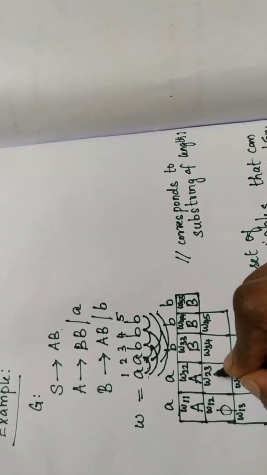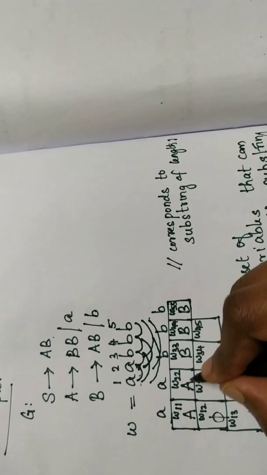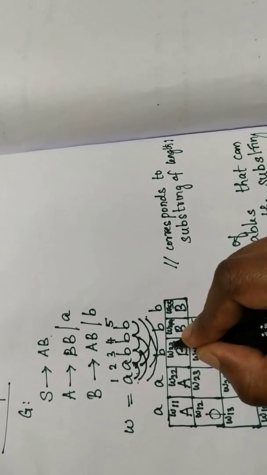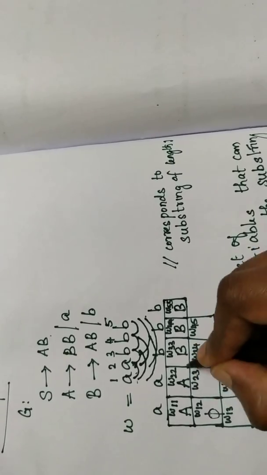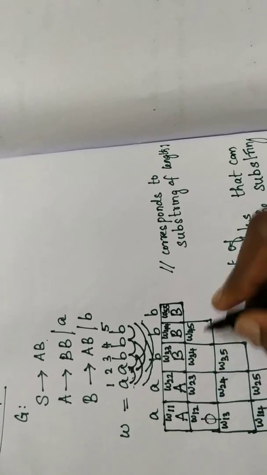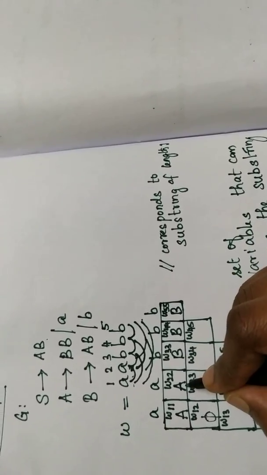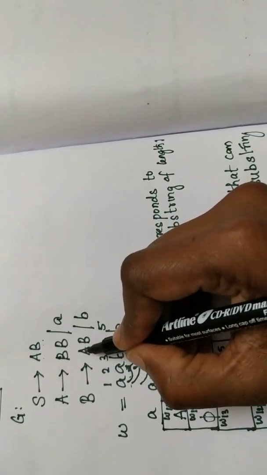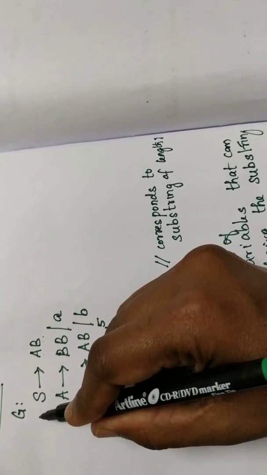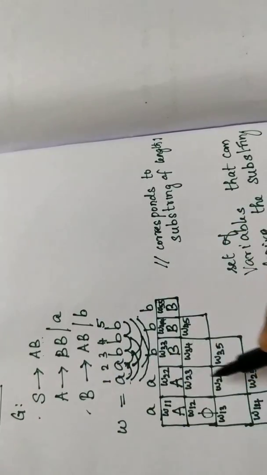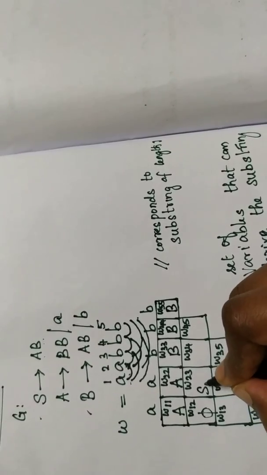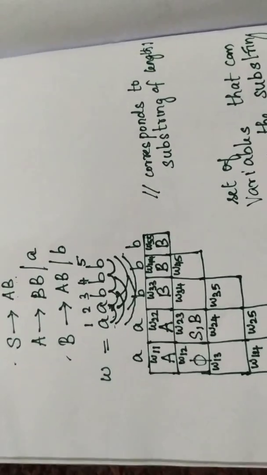Coming to the next cell, W23, in the row above it is from W22 to W33. This represents the substring AB. From the grammar, AB can be derived by variable S as well as variable B. So this cell is filled with the set of variables S and B.